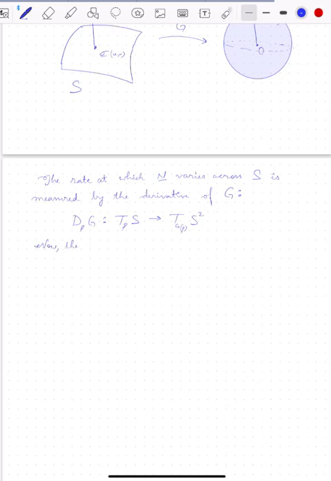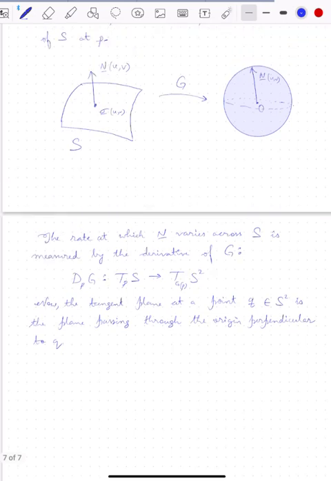Now, the tangent plane at a point Q vector, which is an element of S2, is the plane passing through the origin perpendicular to Q. So since we have P here, it will map to a tangent plane at a point Q, which is the plane passing through the origin perpendicular to Q, right?